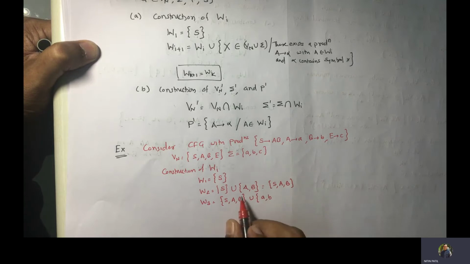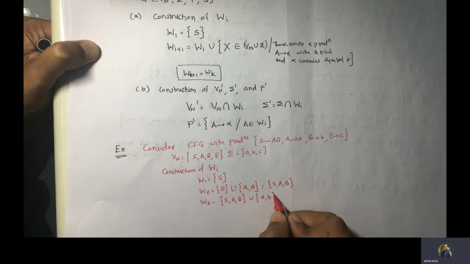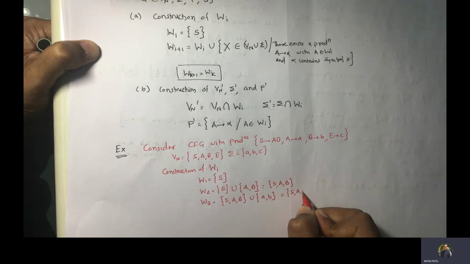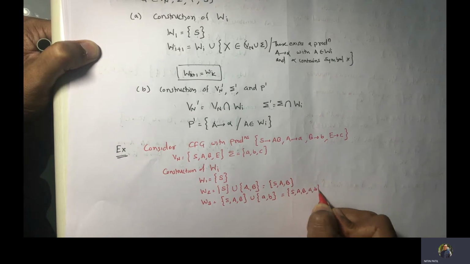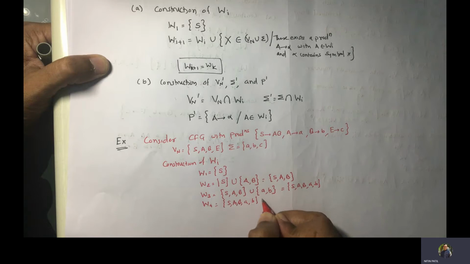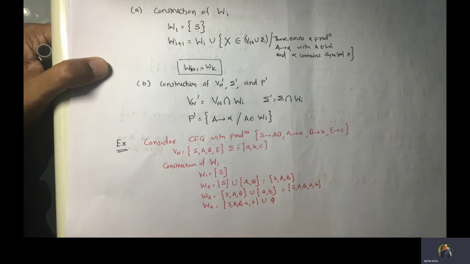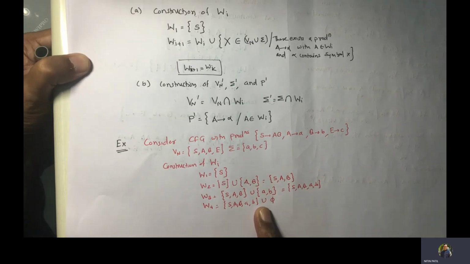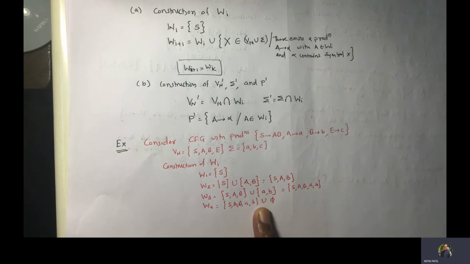Okay, and there is no other production for S, A, B, so this will terminate. So we will get S, A, B, a, b. Correct. W4 is S, A, B, a, b union nothing, because nothing is remaining other than this. So now you have this set of variables generated.